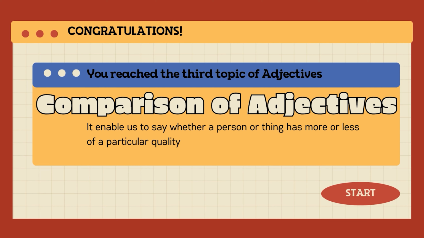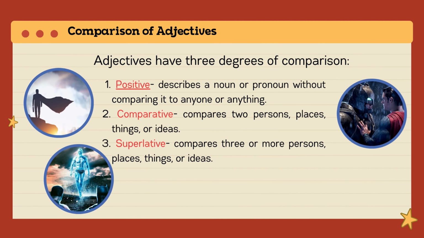Congratulations, you have reached the last topic for adjectives, the comparison of adjectives. Comparing adjectives enables us to say whether a person or a thing has more or less of a particular quality. Adjectives have three degrees of comparison: the positive, comparative, and superlative.